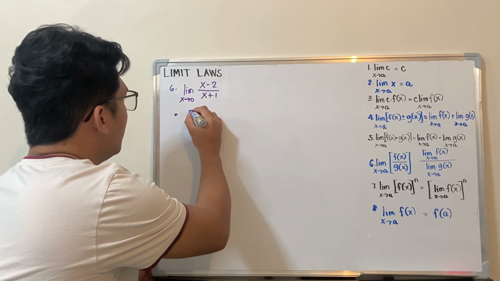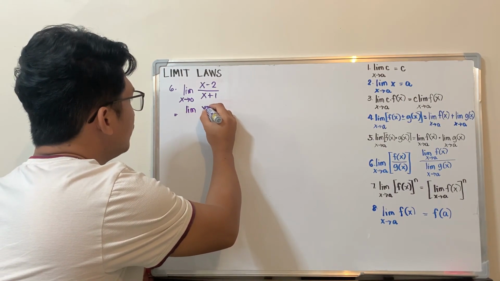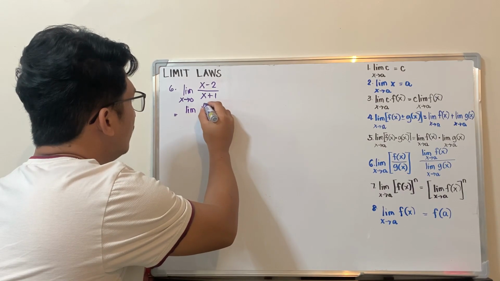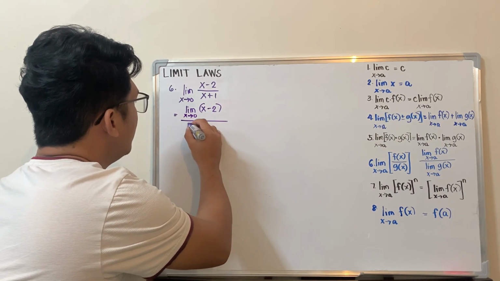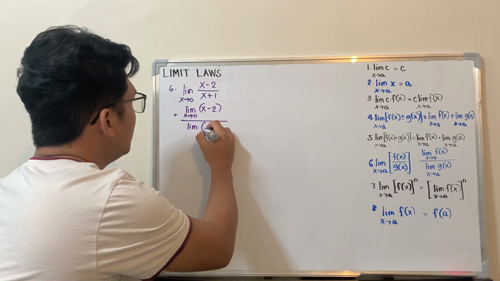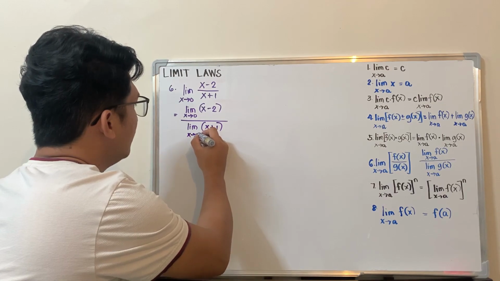This means pwede kang ang numerator lang sa limit of x minus 2 as x approaches 0 all over the limit of x plus 1 as x approaches 0. Okay?